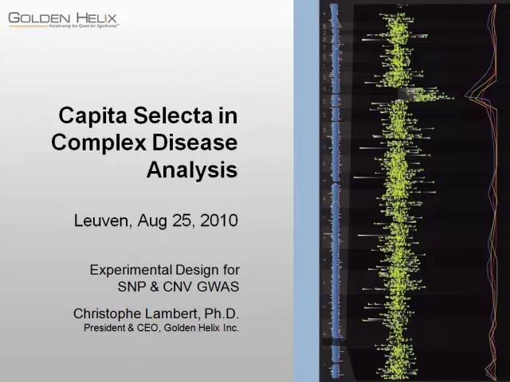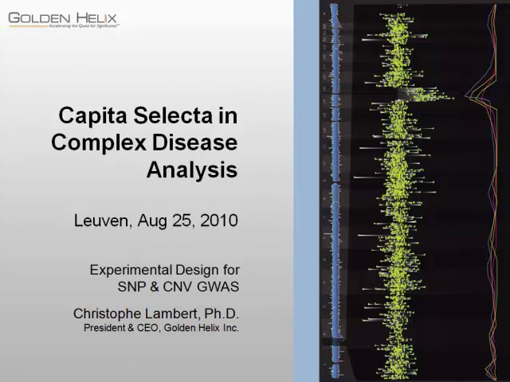I think David has done a nice job at covering the SNP side of genome-wide association studies. And as you may know, the microarrays that are used for SNP-based GWAS can also be used for copy number-based genome-wide association studies. And so I have three main sections to my presentation.